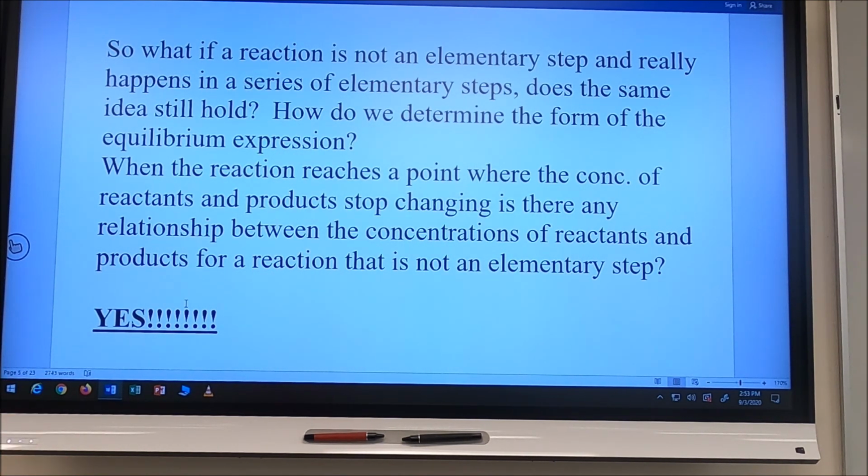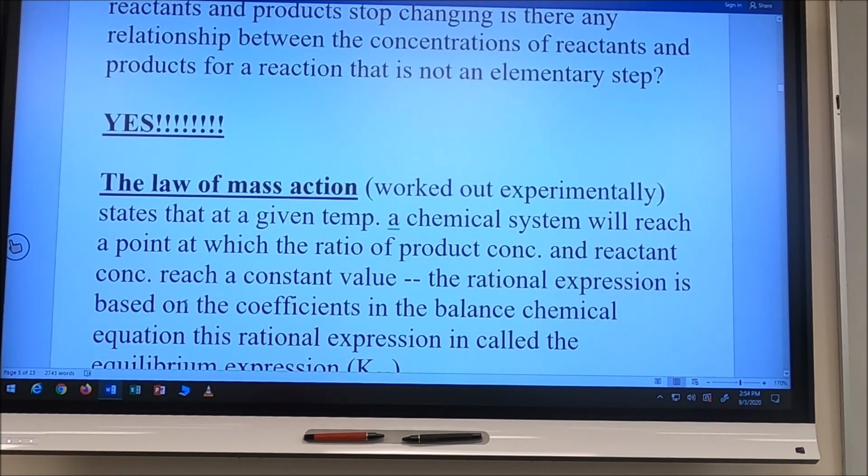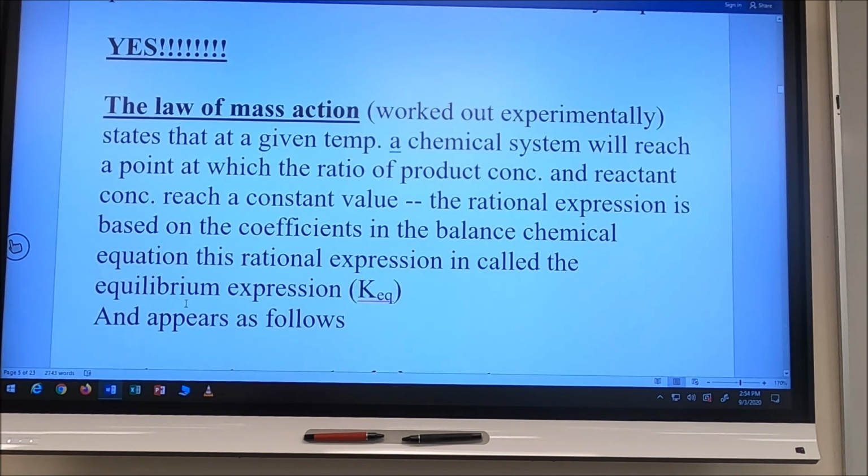The next thing we want to do is, can we take this concept of equilibrium from an elementary step and apply it to an overall reaction, which we know on the atomic level is made up of multiple elementary steps. And of course, there wouldn't be a chapter if the answer was no. The answer is yes. Okay?